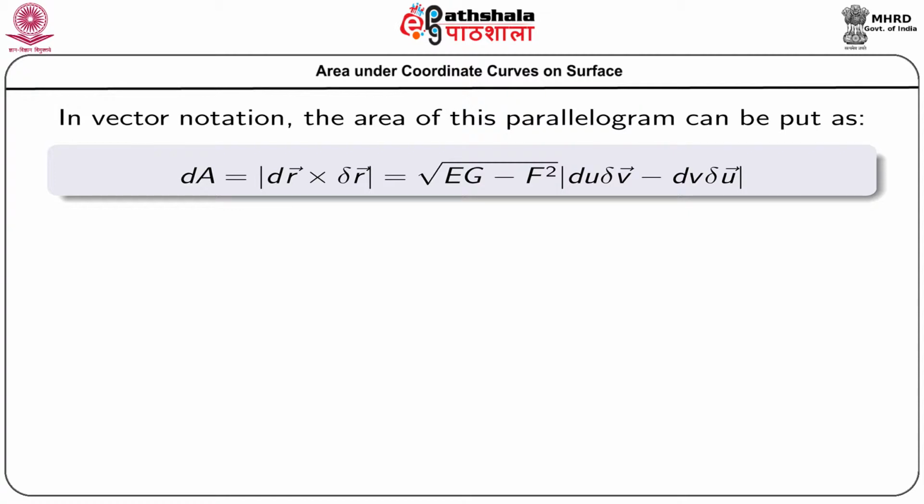This area can be evaluated by the double integration given by the expression double integration root a du dv, where a is the determinant of a alpha beta. That means, the coefficient of first fundamental form.